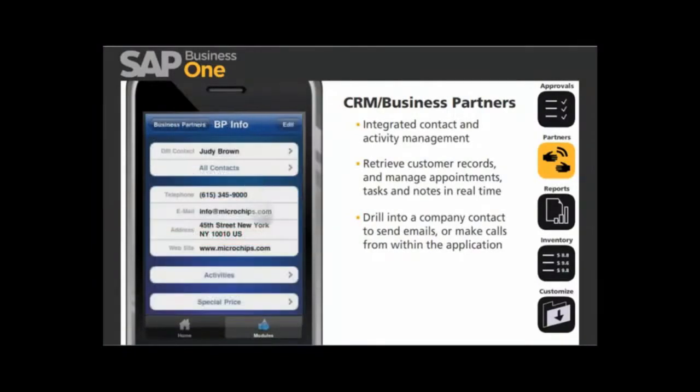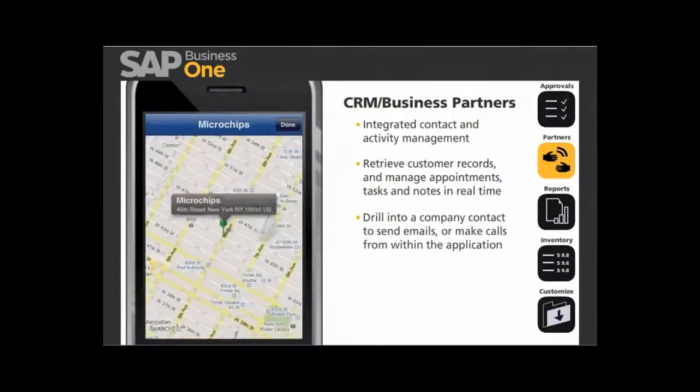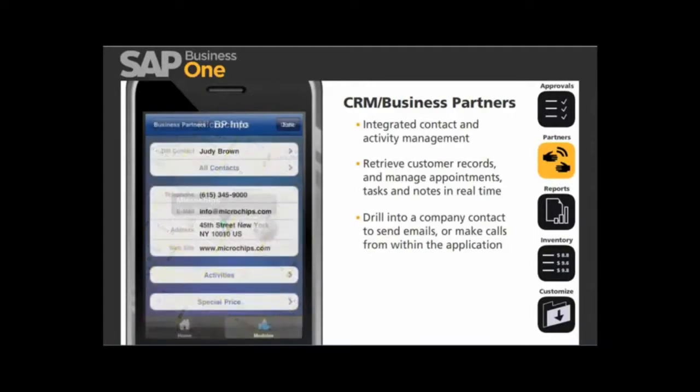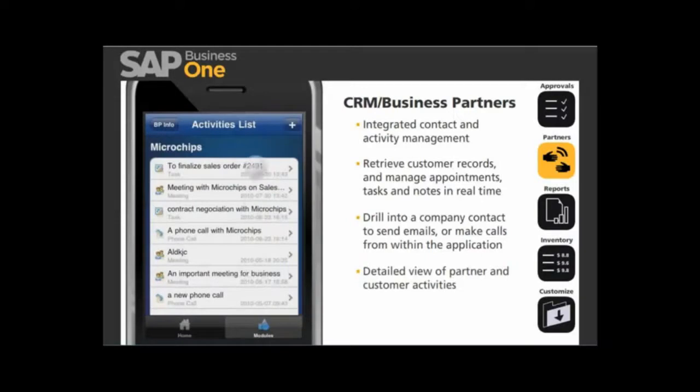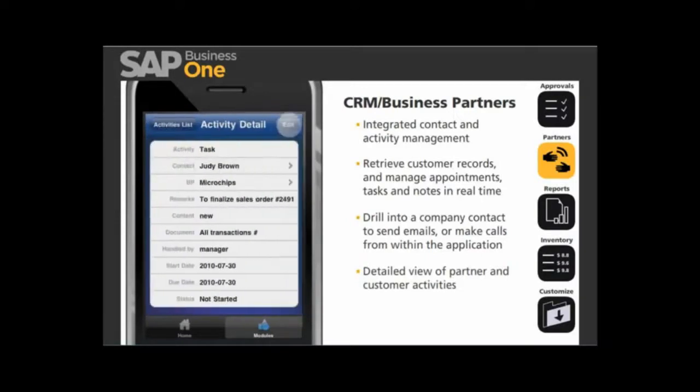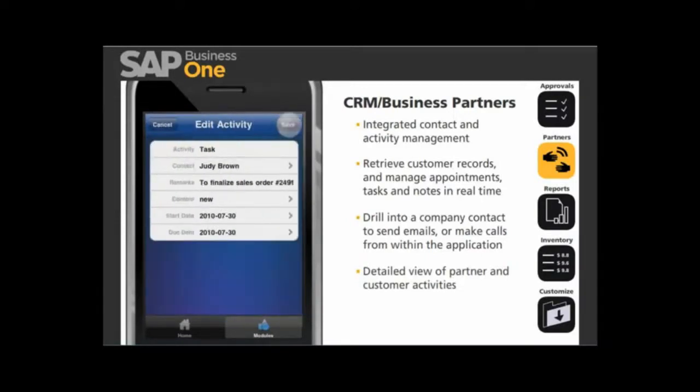When you're on the road, you can even locate your customers using the integrated map. With this mobile app, you're provided with a detailed view of partner and customer activities, with the ability to edit any activity on the fly. Once you're in the activity, you can change the description, manage the timing, and also add notes.